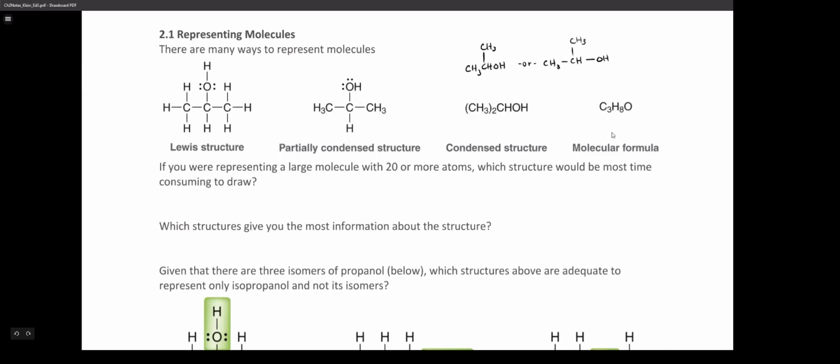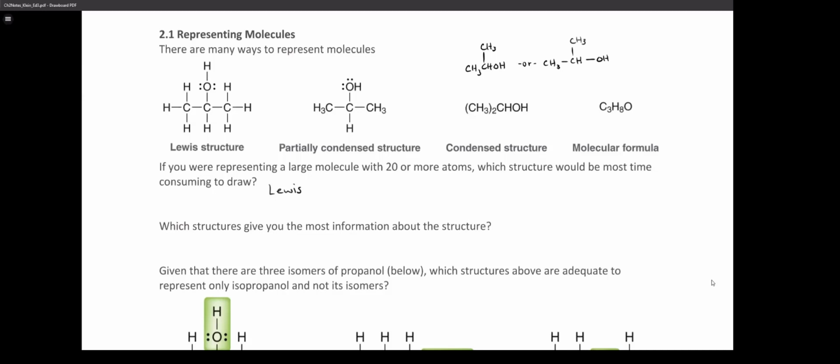And then ultimately we can get that down to a molecular formula. Okay, if you were trying to draw a large molecule with 20 or more atoms, what would be by far the most time consuming to draw? The Lewis. But which structures give you the most information?